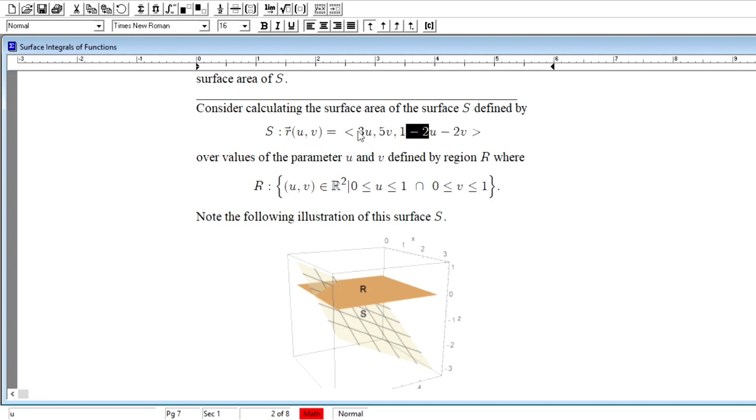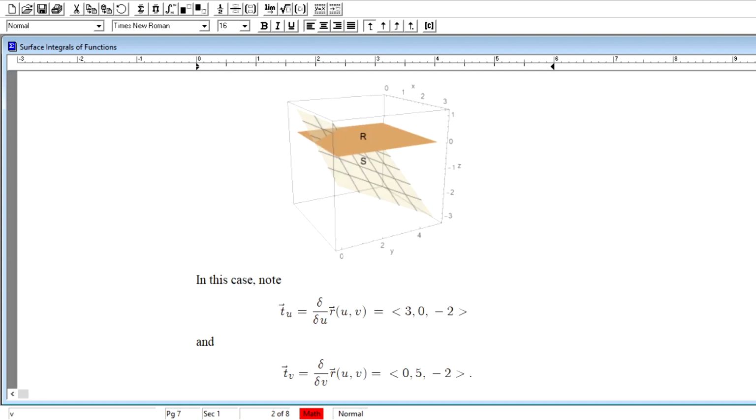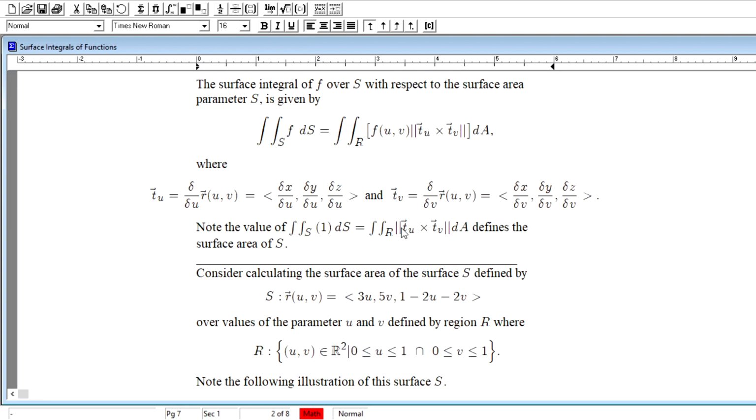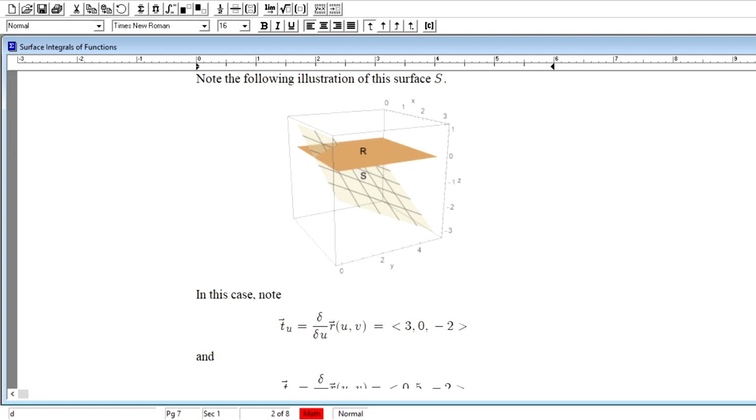And if I do that with respect to v, that's now going to be 0, 5, negative 2. You can see those are the vector descriptions I get down below here for T sub u and T sub v. What am I going to want to do with these two vectors in my calculation? If we're considering surface area, I'm going to want to find the magnitude of their cross product. I'm going to need the cross product of those two vectors and then the magnitude of that.